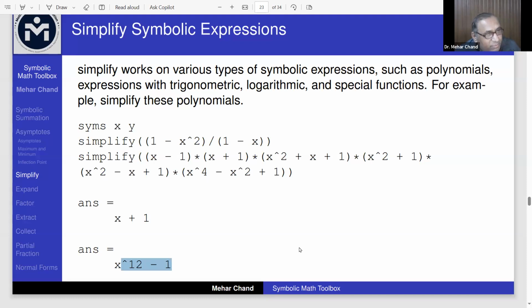So by using the simplify function, you can simplify different types of expressions involving polynomials, trigonometric functions, logarithmic or special functions. As you saw in the previous program, we use this function to simplify our values, to reduce the complexity.